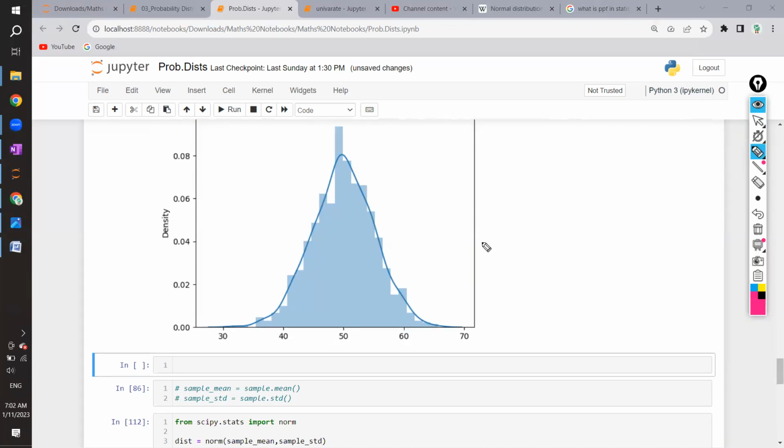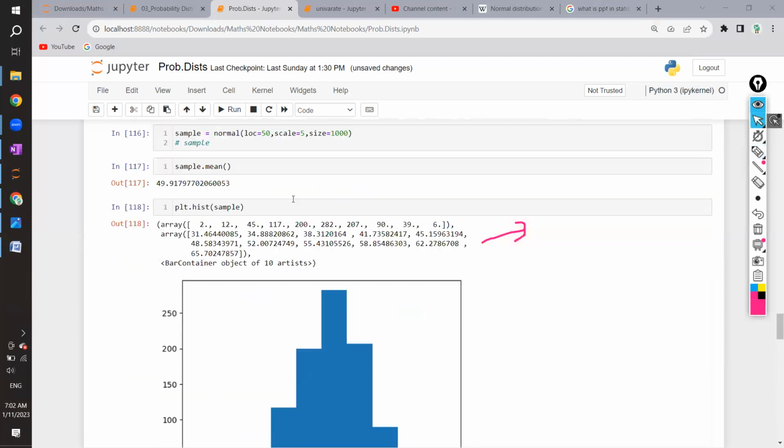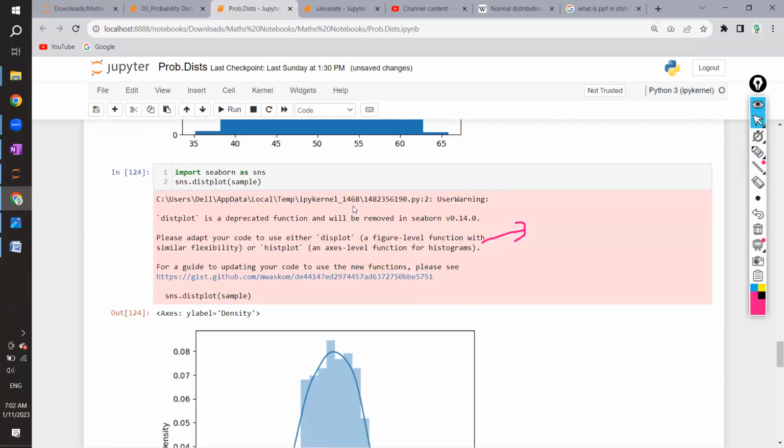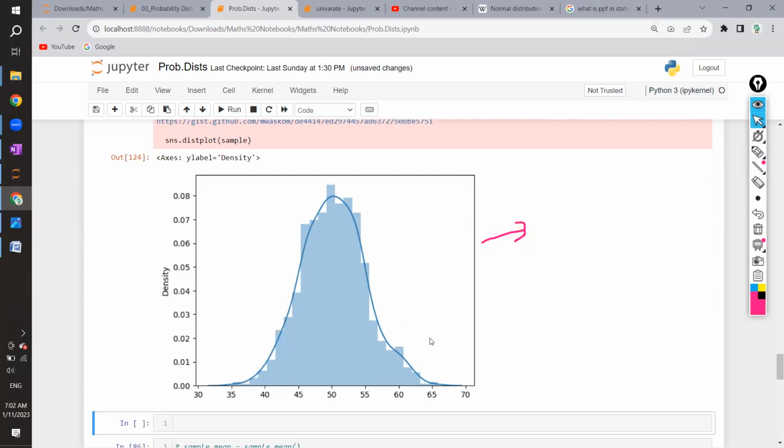Once you are convinced from this graph that it is looking like a normal distribution, if I run it again, yeah, this is okay. So you can assume that now this is a normal distribution.